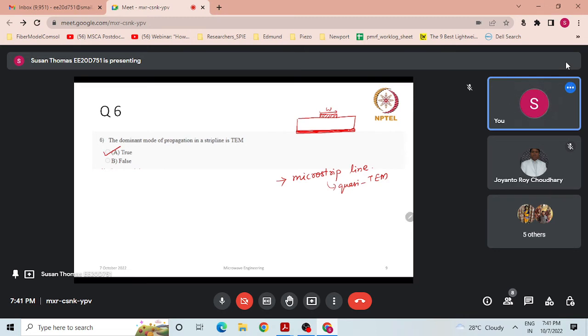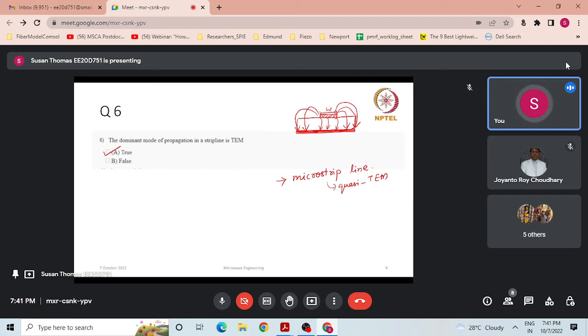If you remember clearly, the electric field lines used to be like this. So it's a quasi TEM. The electric field lines go from one conductor to the other conductor, and obviously this is from the conductor to the ground plane.